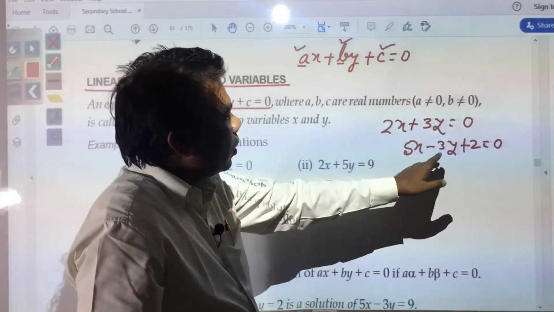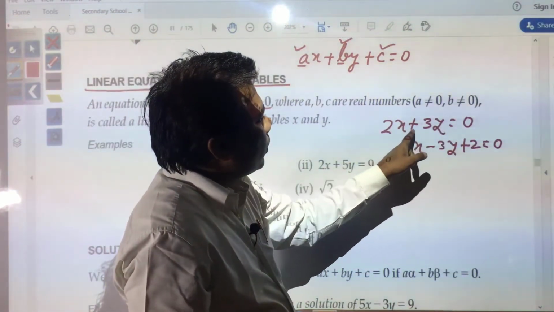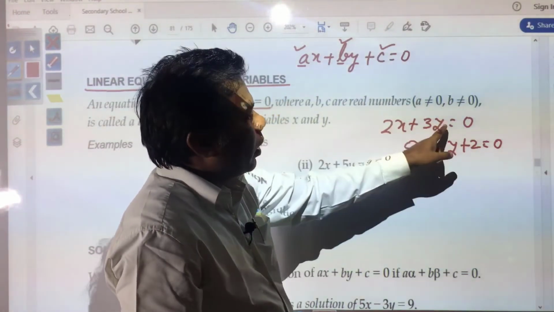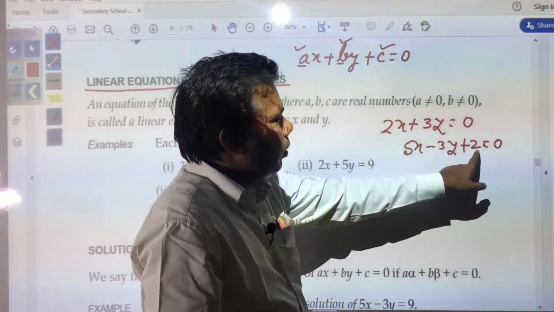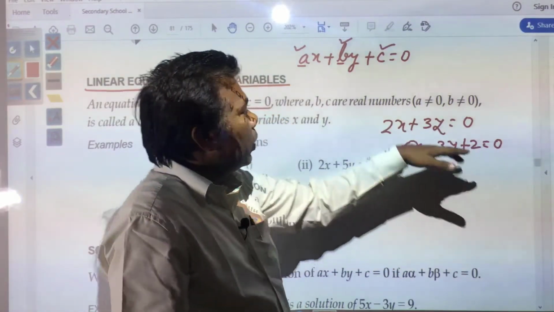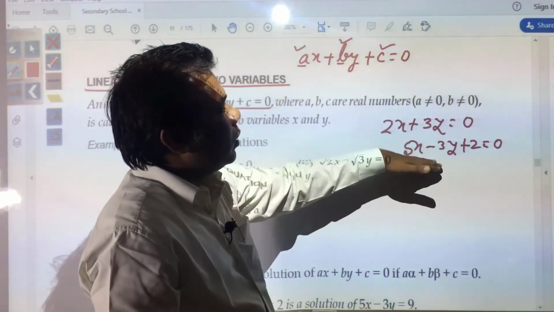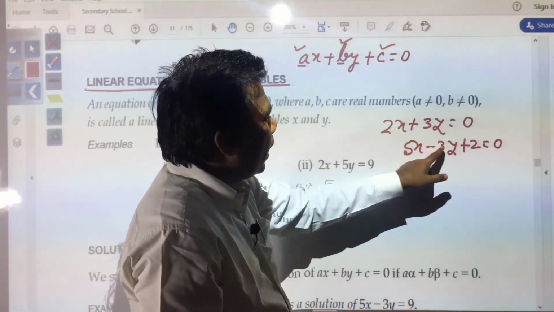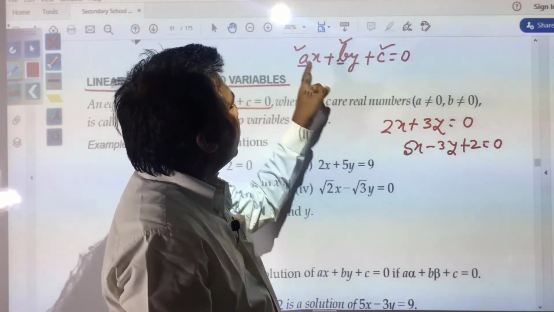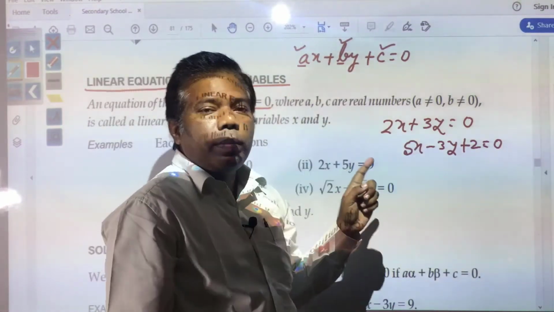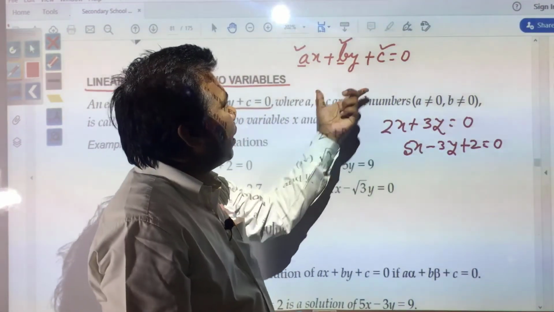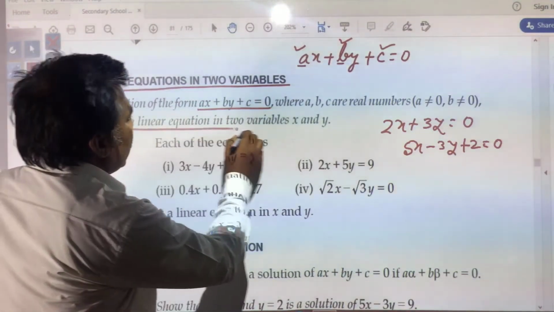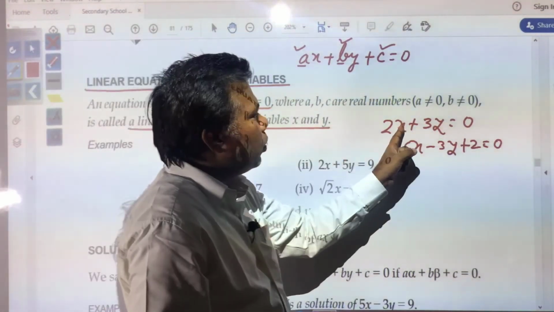If you are writing 2x plus 3y is equal to 0, here the constant term is 0, here the constant term is 2. So, in this form if any equation you have where a and b must not be 0 and a, b, c should be real numbers, then this type of equation will be called a linear equation in two variables, because here you have two variables.